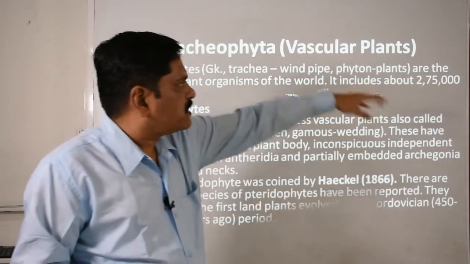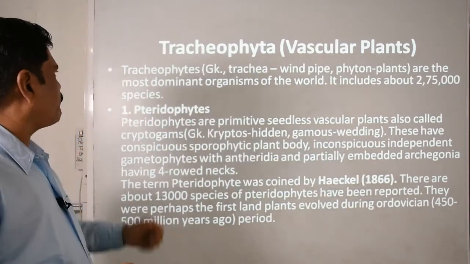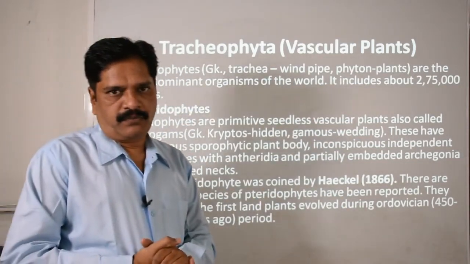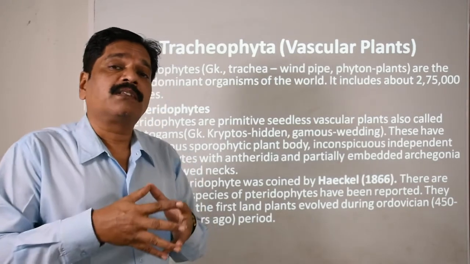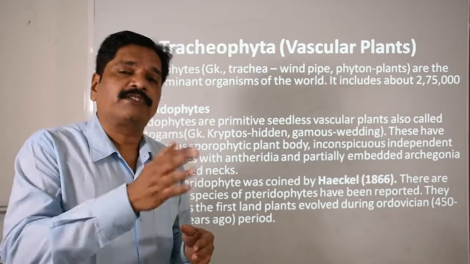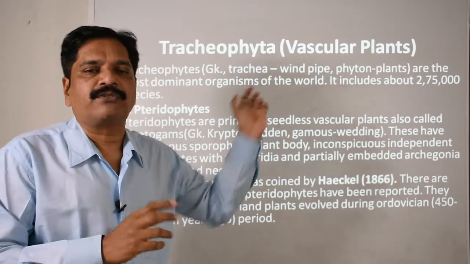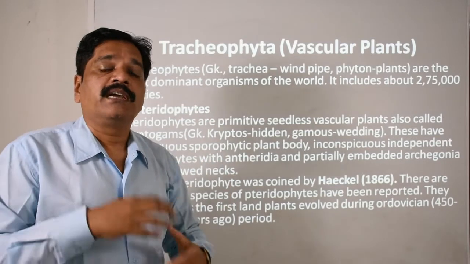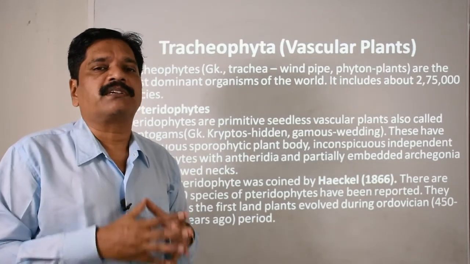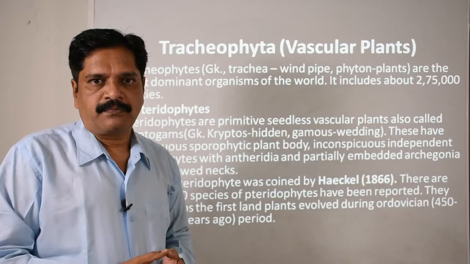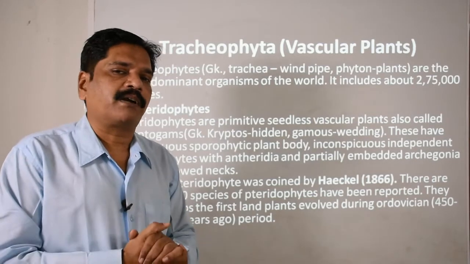It includes near about 2,75,000 species. The reason for this dominance is vascular tissue, because it plays such an important role in the transportation of material from one part to another.